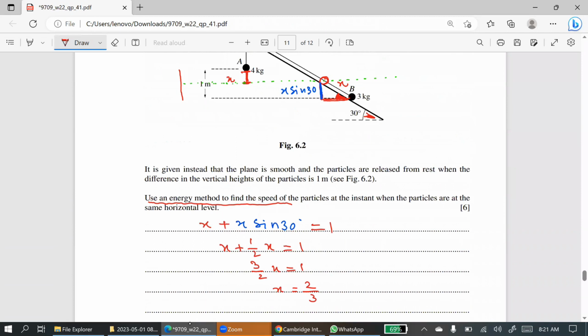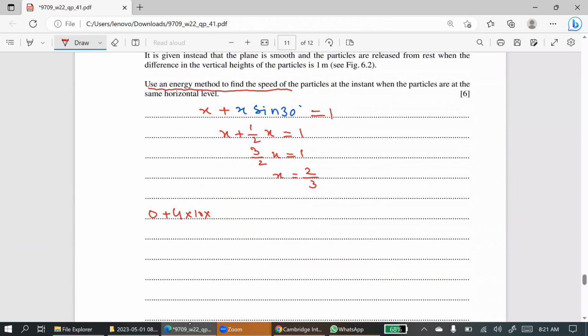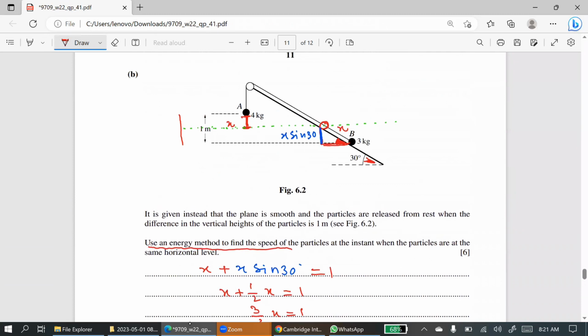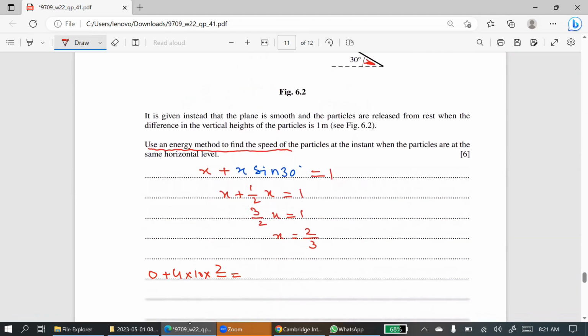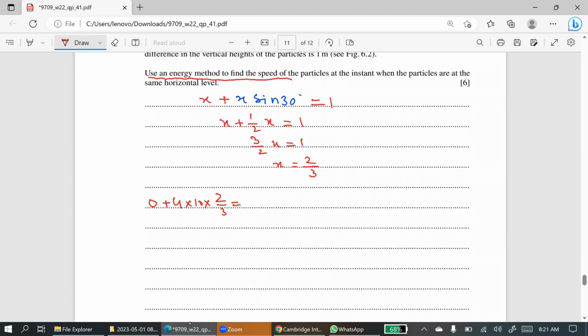Height decreased is x, and x is equal to 2 by 3. This is equal to the gain in kinetic energy of A, so half into m into v square, where the initial velocity is 0.